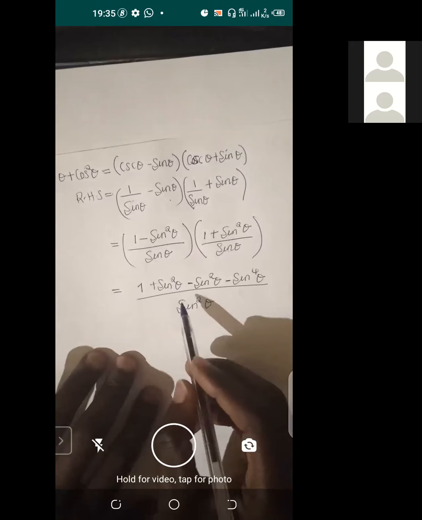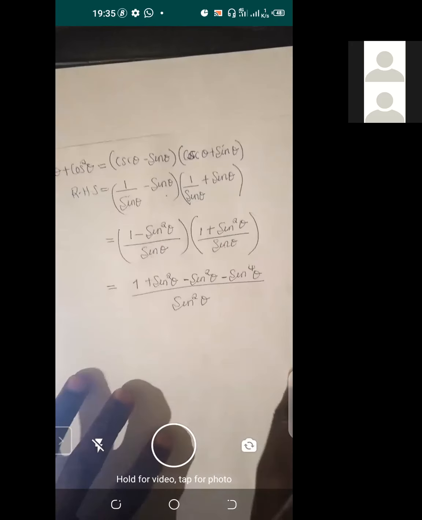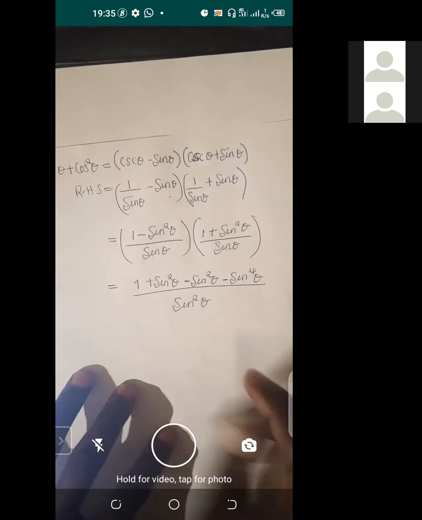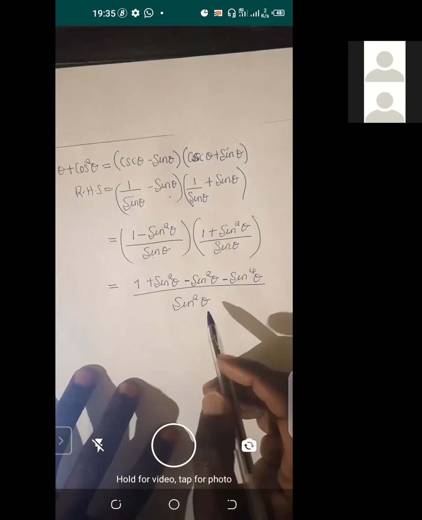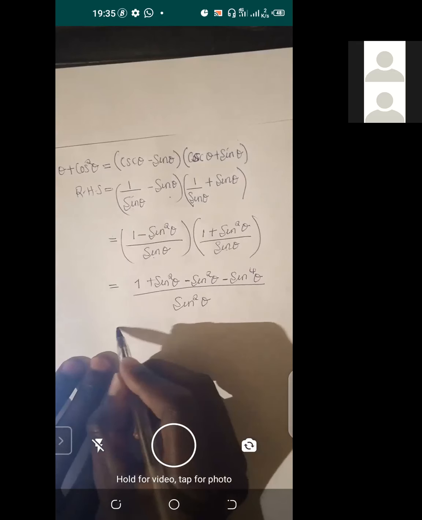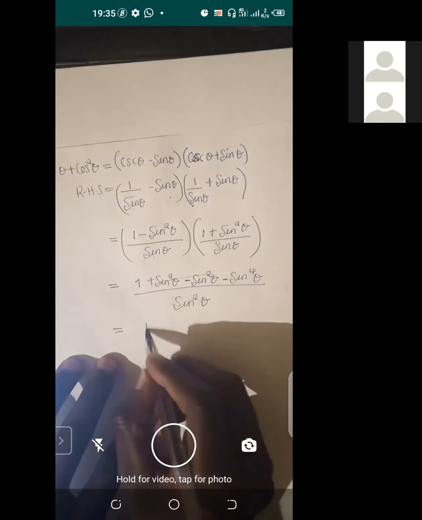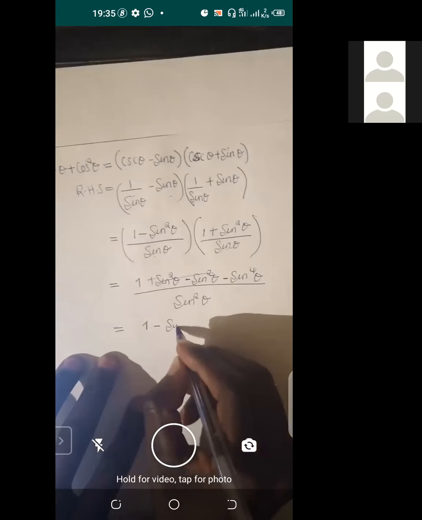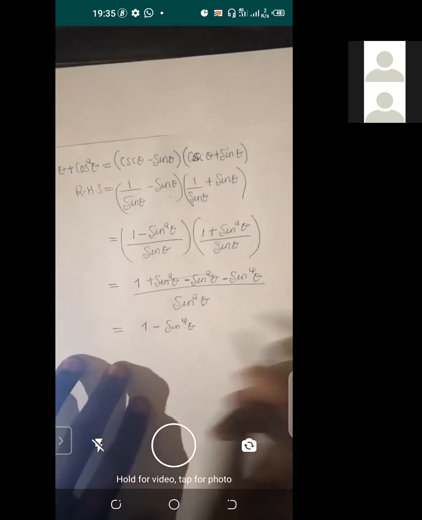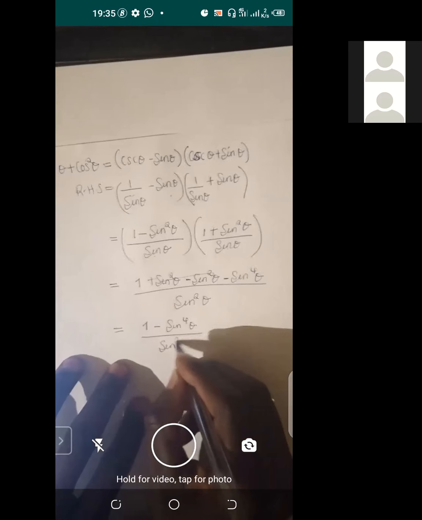Is this going the way it's supposed to go? Right. So you see this is equal to 1 minus sine to the 4 theta over sine squared theta.